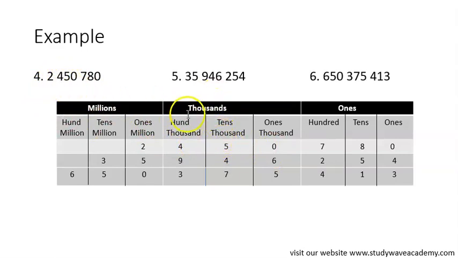And 4 goes under the 100,000 in the 1000 column. 2 goes under the ones in million in the million column. So we have 2,450,780. Okay, do we understand that?